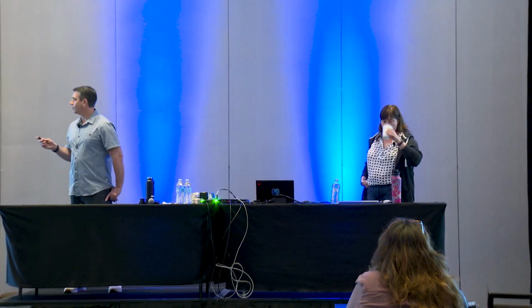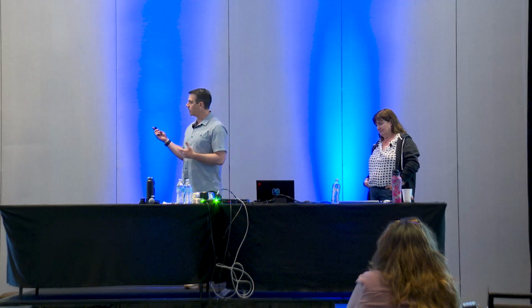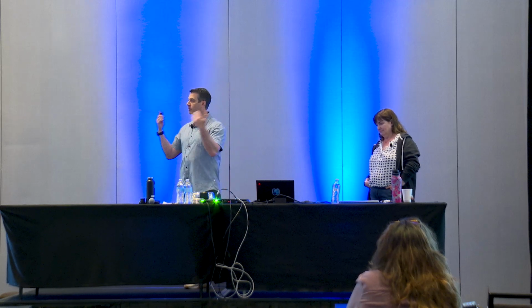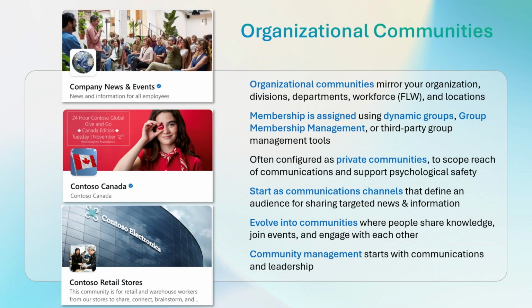When we look at how these communities are used then, a lot of times these help encourage that knowledge sharing. Like I said, private means that it's a little more protective, a little more psychological safety. And then very frequently the communications are led by the leaders in that community. So here, since it is focused on an organization, you might have a leader post and try to address everybody on their team.